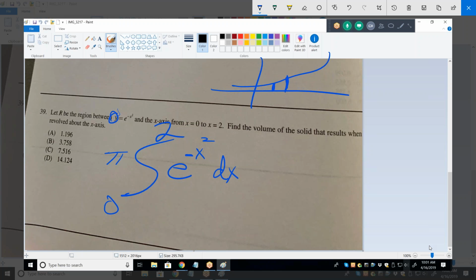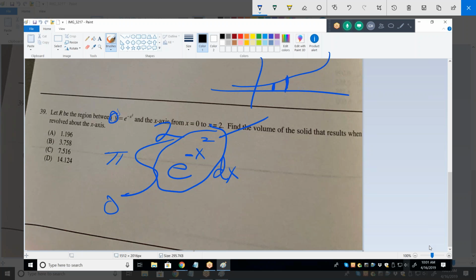Now, what is famous about that function? I'm not sure. It does not have an antiderivative. This is the most common example given where you have to use infinite sums. You have to use the Taylor polynomials for e to the minus x squared to solve this.